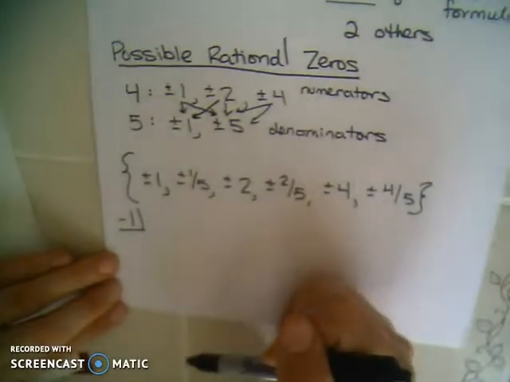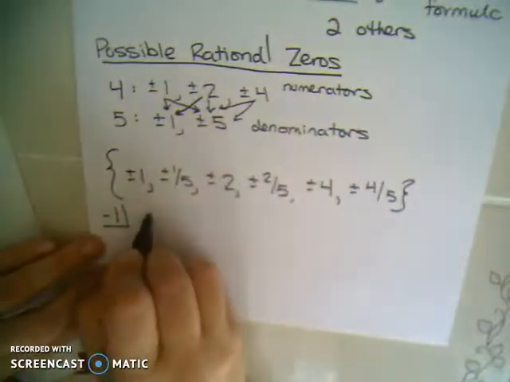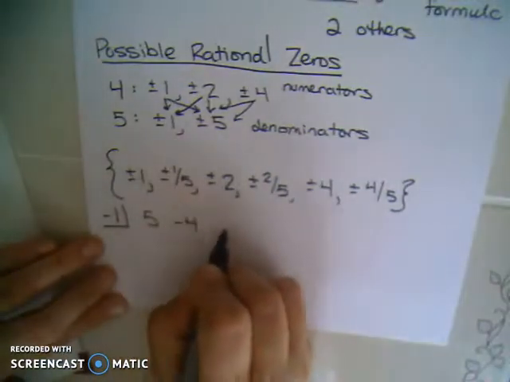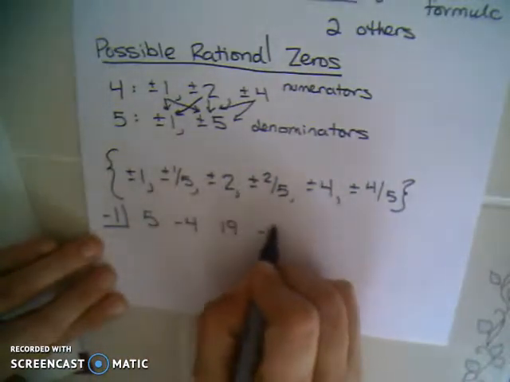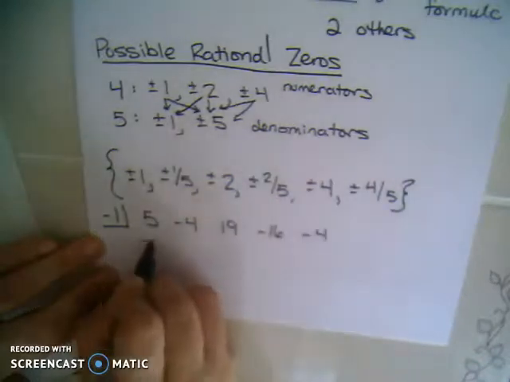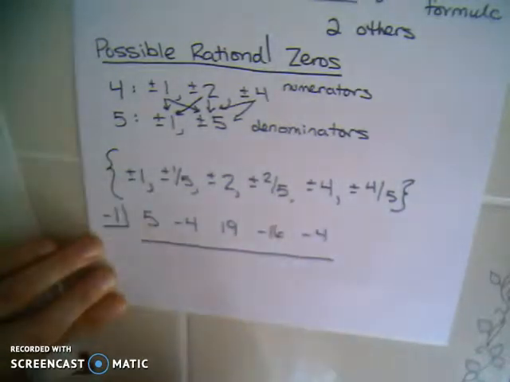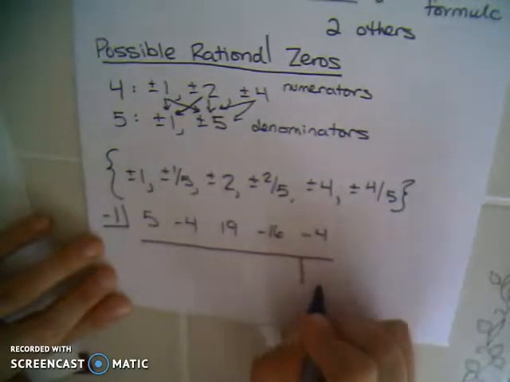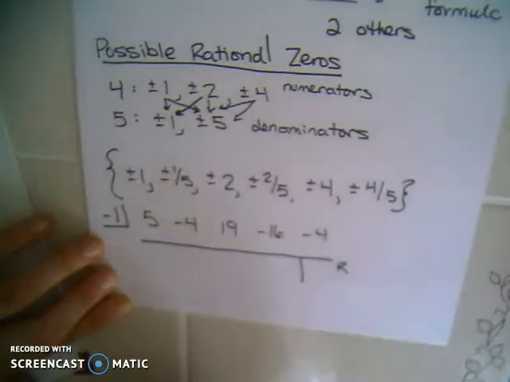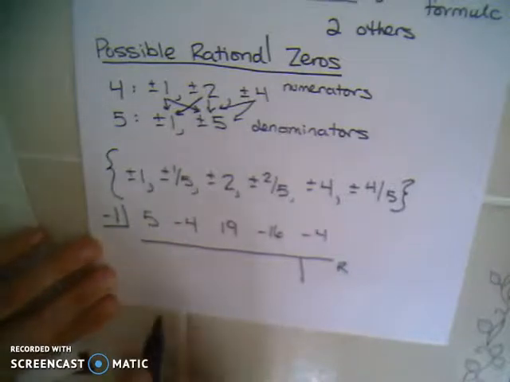So the coefficients from my polynomial at the very beginning were 5, -4, 19, -16, and -4. And we're going to go through synthetic division and see if -1 is a 0. Remember, -1 is a 0 if the remainder is 0. That was the combination of our remainder theorem and our factor theorem from the last section.